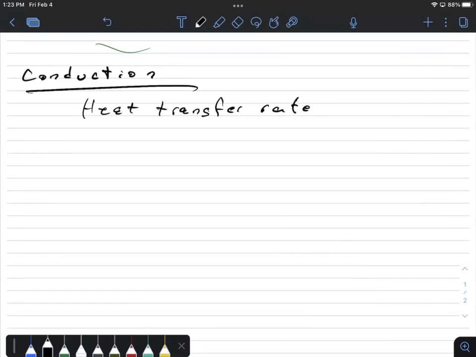And so what the equation says is Q over T. So that's how much heat per second. The amount of energy per time is given by a constant called K, and this K is called the conductivity.